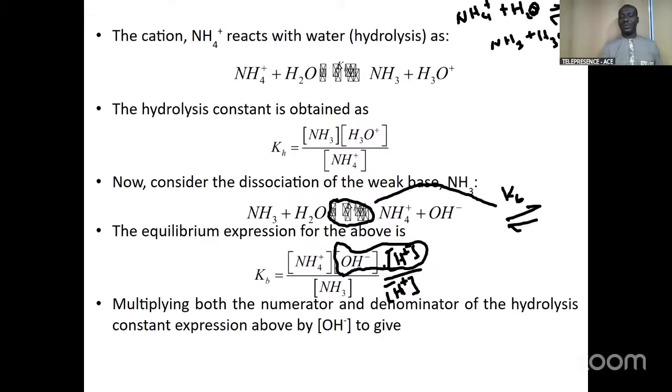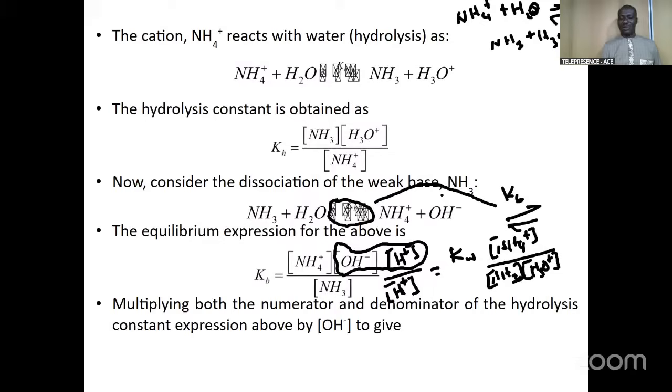So what you have here becomes Kw multiplied by the ammonium ion concentration, all divided by ammonia multiplied by the hydronium ion concentration. Okay, that's what you have here.